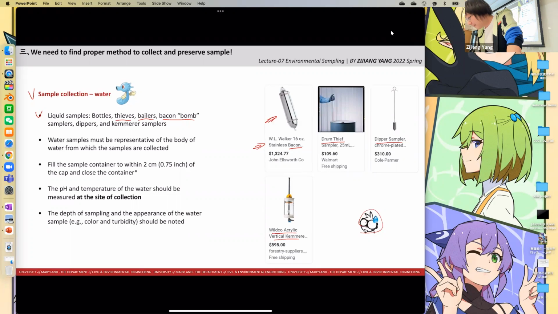And usually the water must be representative of the body of water from which the sample is collected. So basically they should be representative. And usually we will fill the container to within 2 centimeters of the cap and close the container. And I put a star here because I think the general idea is that when we are collecting water samples, we want to make sure the volume of air is minimized.